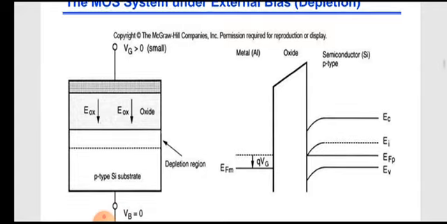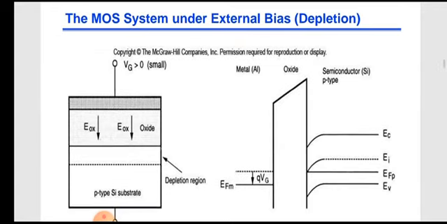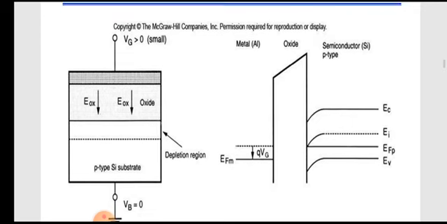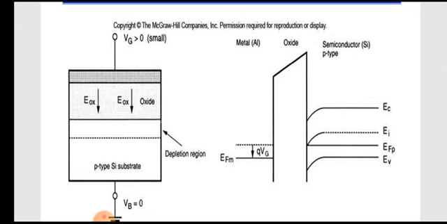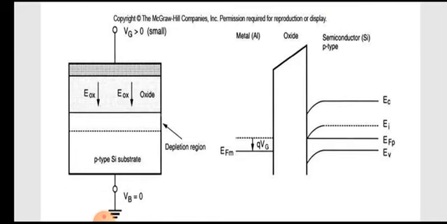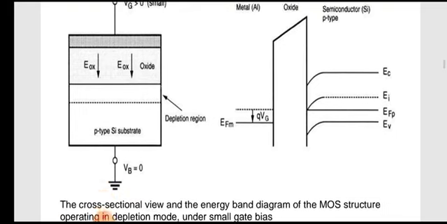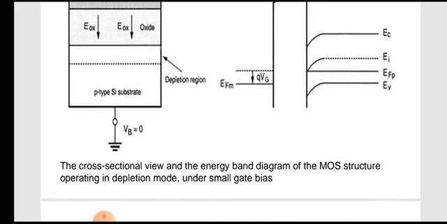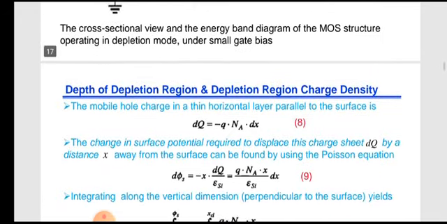According to the diagram, when we apply a small positive voltage, that is VG greater than 0, what happens is that the accumulation of charge carriers which was near the surface is shifted towards the p-type substrate, and the energy band diagram shows the shifting into the Si substrate. This is the cross-sectional view and the energy band diagram of the MOS structure operating in depletion under a small gate bias.